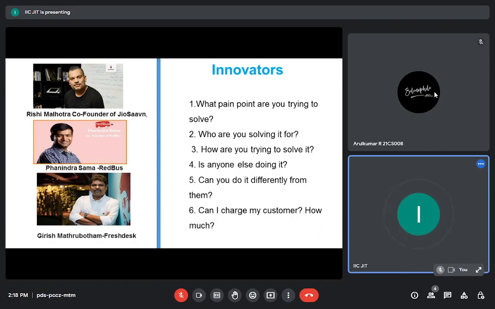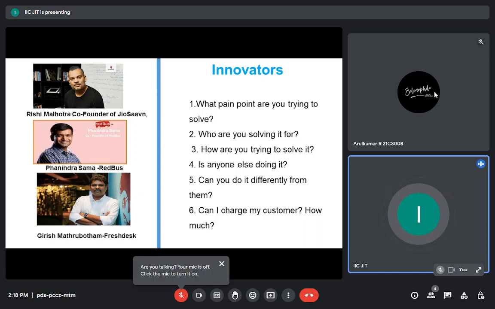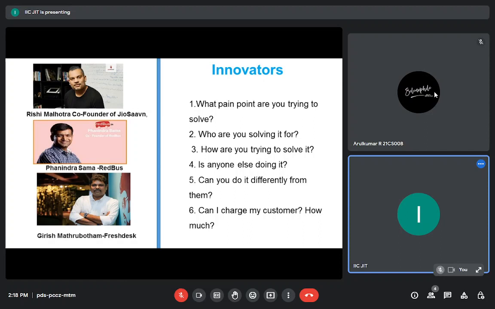Fourth, how you are novel, in what way you differ. And the last point is whether the customer will pay money for you or not. So if you want to become an innovator, you have to follow these steps.